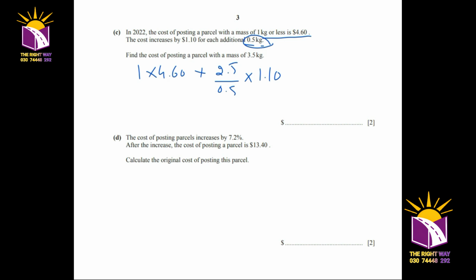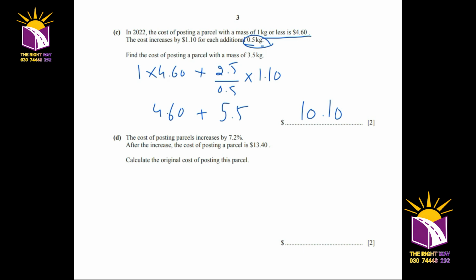So 1 multiplied by 4.60 is 4.60, plus 5 multiplied by 1.1, which is 5.5. So the total amount will be 5.5 plus 4.6, which is $10.10. So they have to pay $10.10 for this parcel.